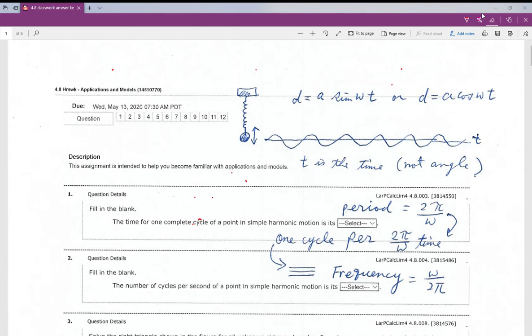So when you push the spring up, for example, you make it here. It's not going to magically happen. From here to here, it takes time to make this displacement happen.